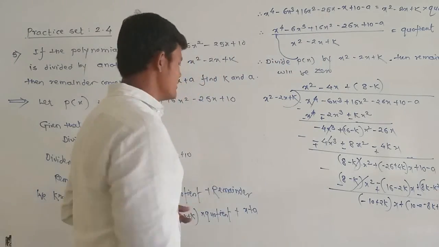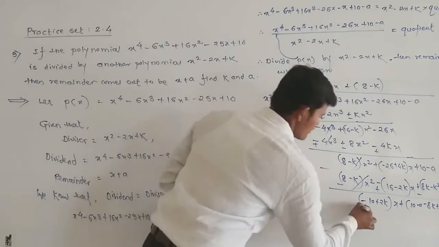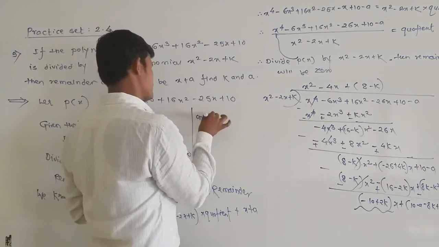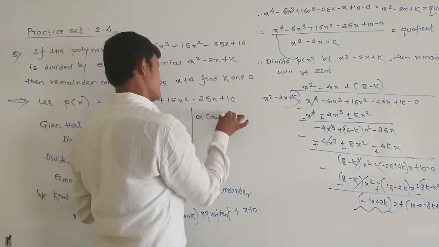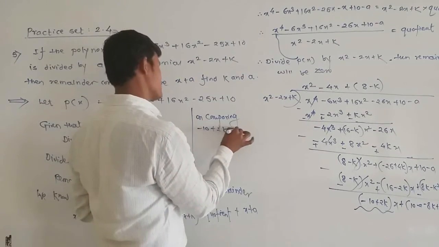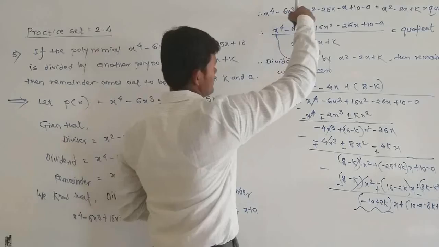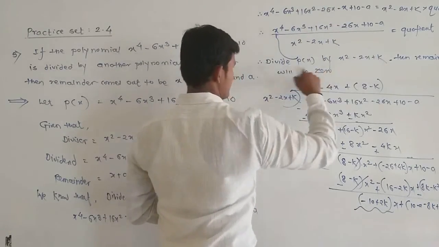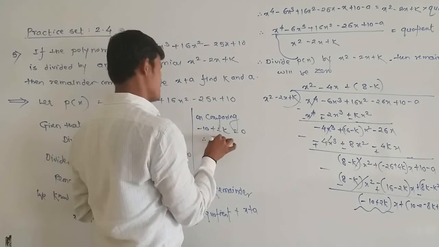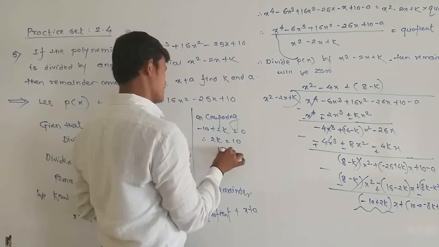So on comparing, minus 10 plus 2k is equal to 0, because we already said that the remainder will be 0. So minus 10 plus 2k is equal to 0. So we get 2k is equal to 10, that is k is equal to 5.